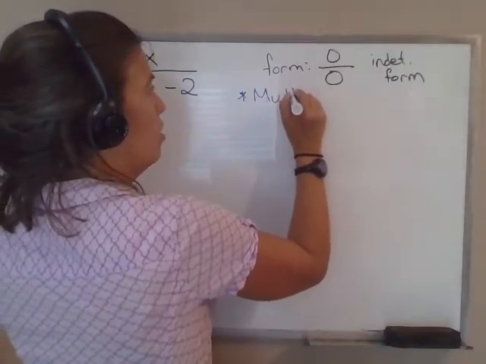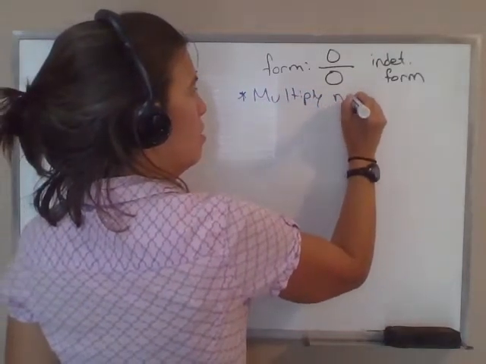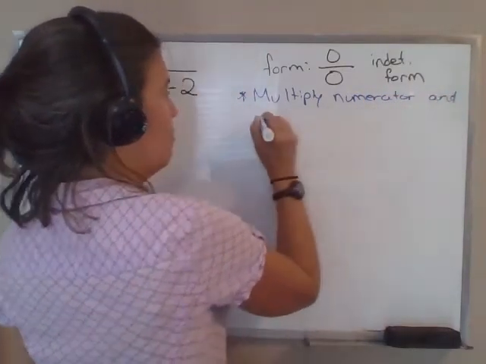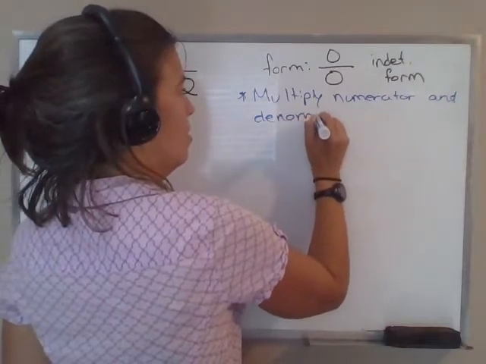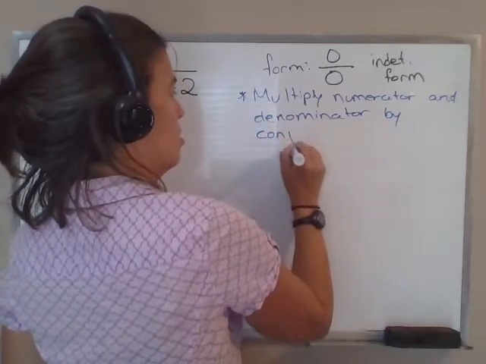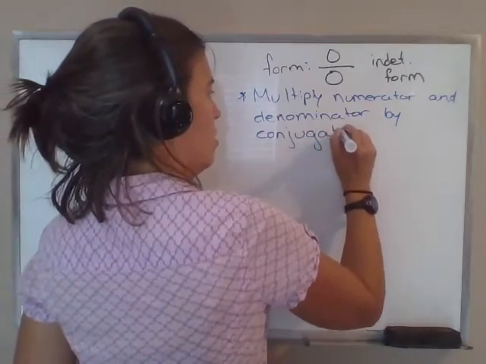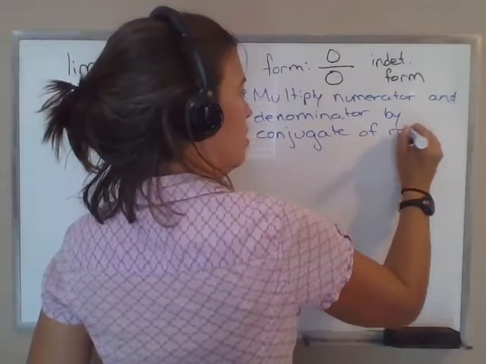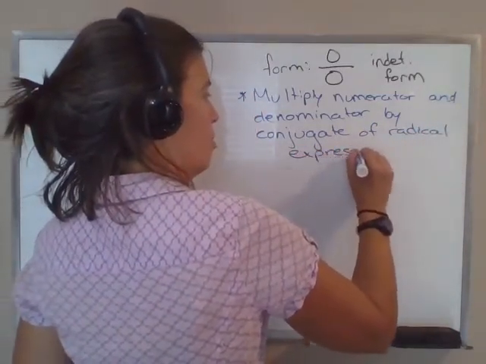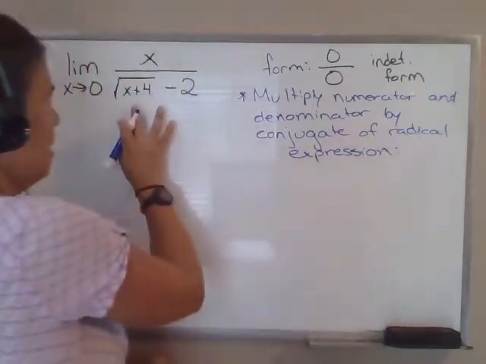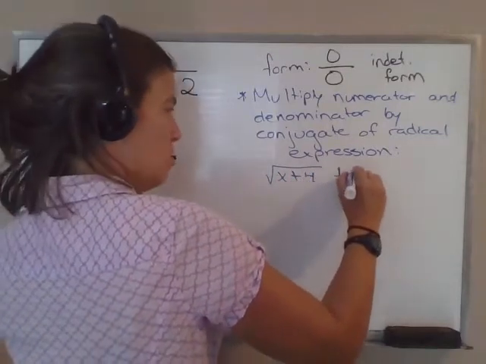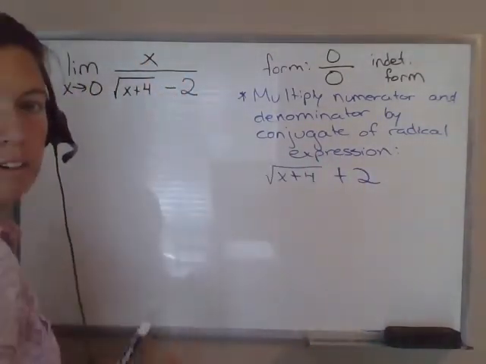So what we're going to do now is multiply the numerator and the denominator by the conjugate of the radical expression. So in this case, the conjugate of the radical expression is the square root of x plus 4 plus 2. You just change the sign in the middle here to get the conjugate.